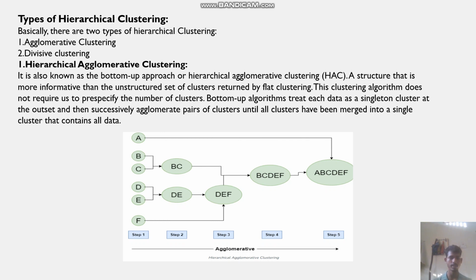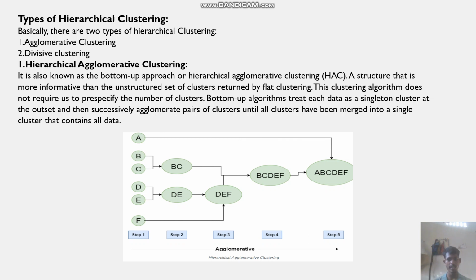By observing, we can say B and C are nearer and D and E are near, so that BC and DE are considered as clusters, and then we can observe F is somewhat near to DE, so that we merged DEF as another cluster, and after that BC and DEF are considered as a single cluster as they are having less distance.